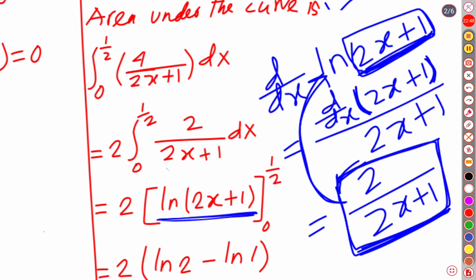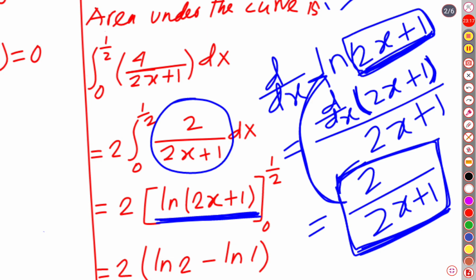This is the reversal way we have done, and this is the shortcut method. Whenever we integrate any function, we try to go back to the derivative. So the derivative of ln 2x plus 1 is actually 2 over 2x plus 1, as I have told.